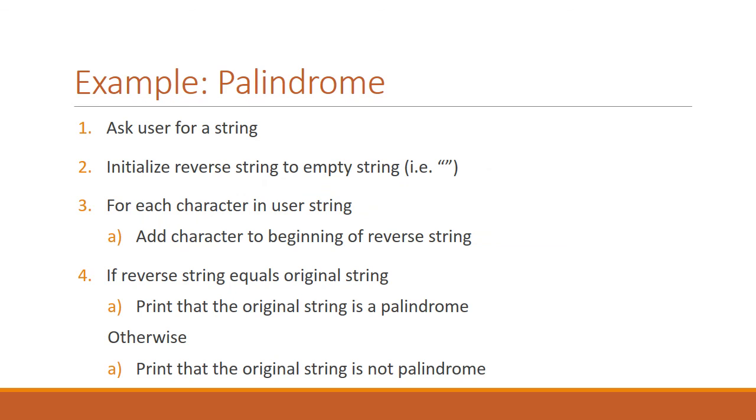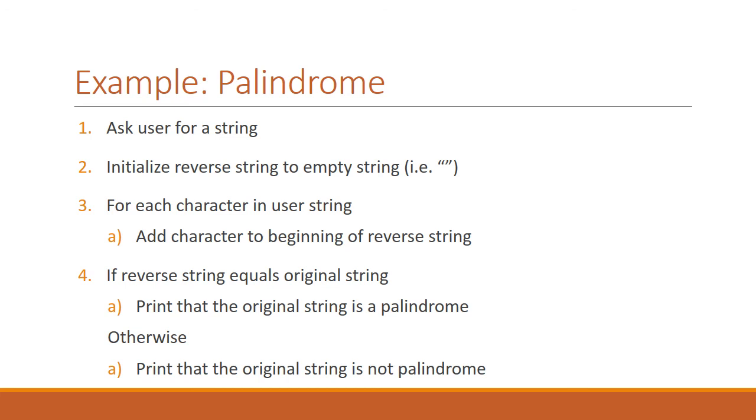So our algorithm for our palindrome program would be to first ask the user for a string. Then we'll initialize our reverse string to the empty string. So to begin with, our reverse string will have no characters in it.